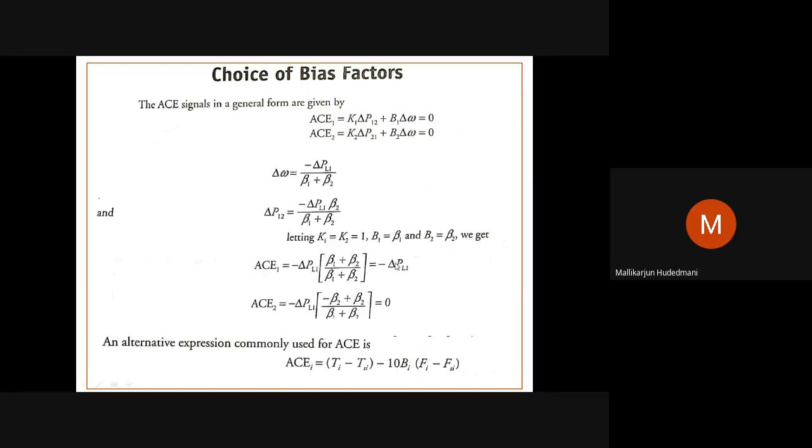ACE1 cancels to 0. Like this, cancellation will take place in the numerator of ACE1. This becomes 0. And ACE2 is non-zero; this turns out as delta PL2 in this position. It means ACE2 is non-zero and ACE1 is 0 at that time, which I had not concluded here.